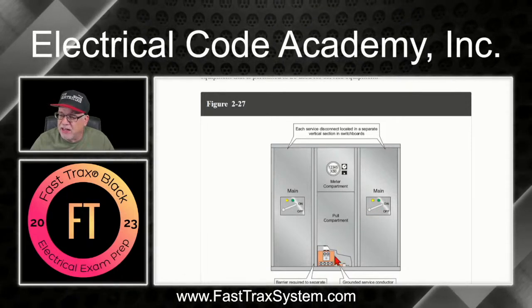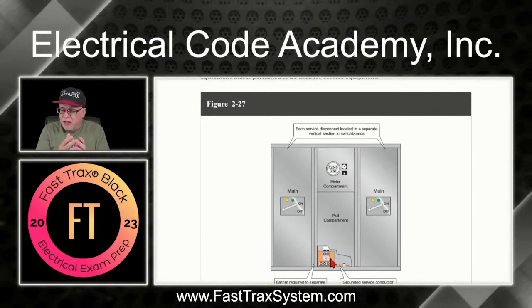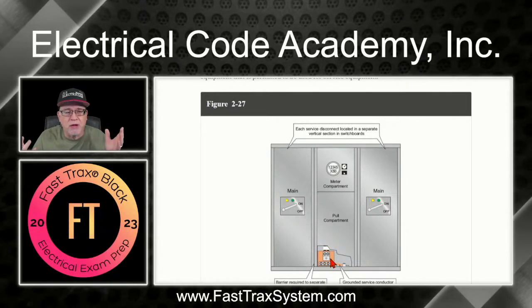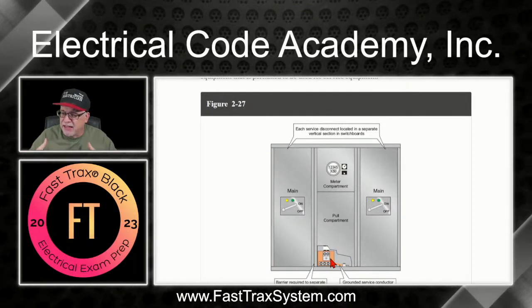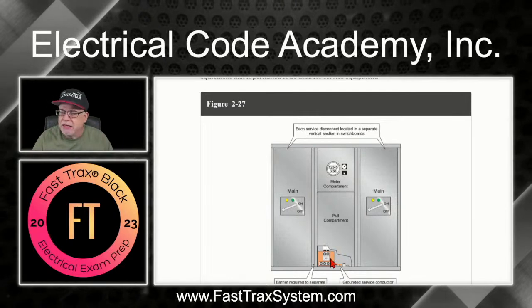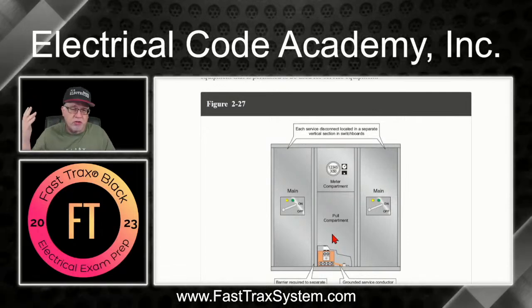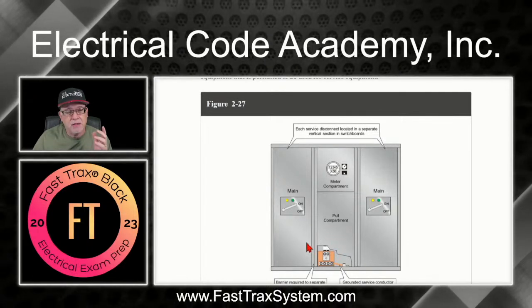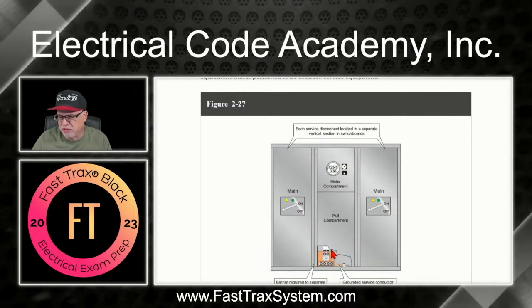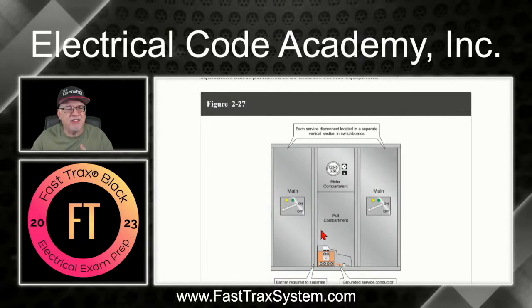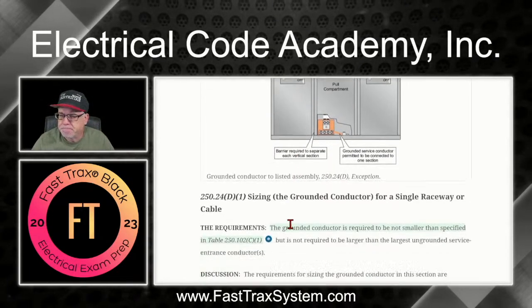And so what you've got is a common bus that traverses through each one of these sections, and it connects over to the enclosure. And this is where the main bonding jumper and everything is done. But it gets done in this one common location rather than making connections in these separate vertical sections. This is permitted, right? And this is an allowance to do this, okay? This is one big listed assembly, right?